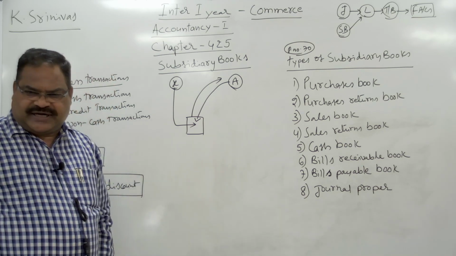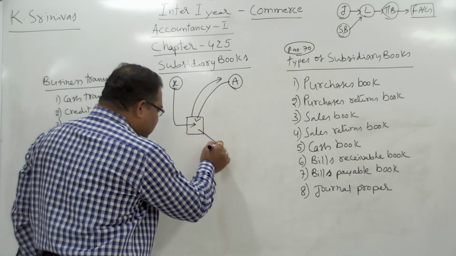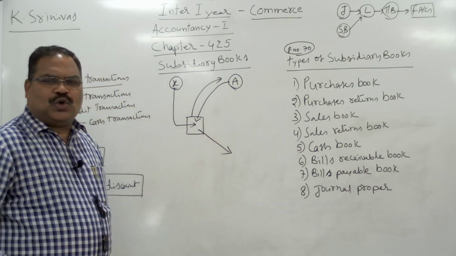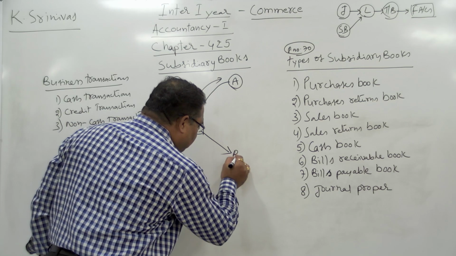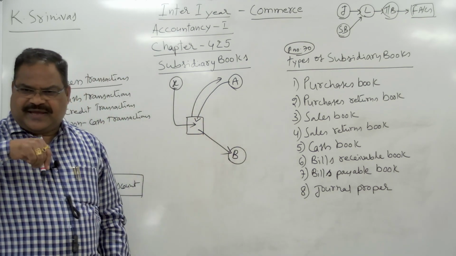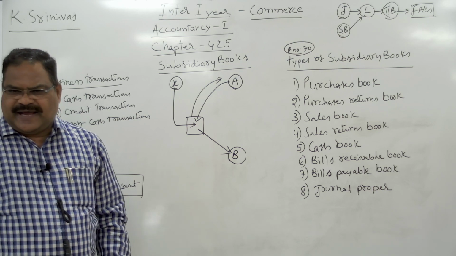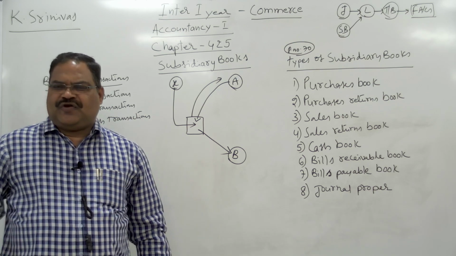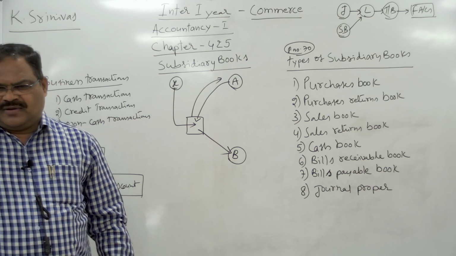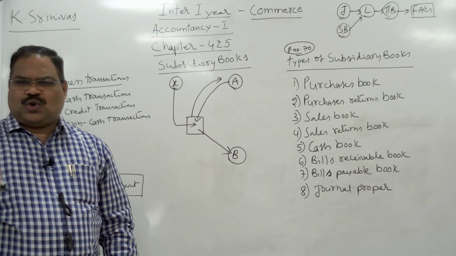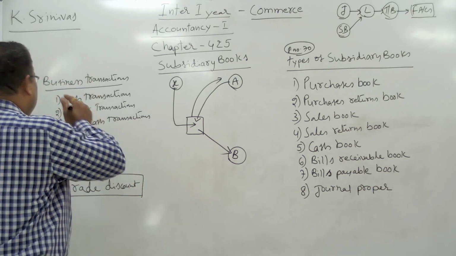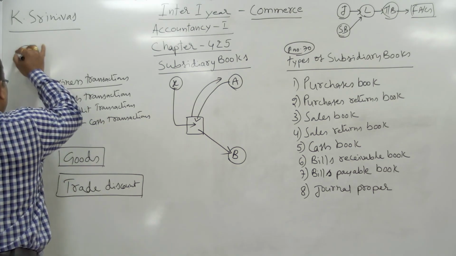Likewise, exactly the opposite, you can take this: sold goods to Mr. B. In the problems, they will give you "sold goods to Mr. B." To understand better, you simply add the word "we."